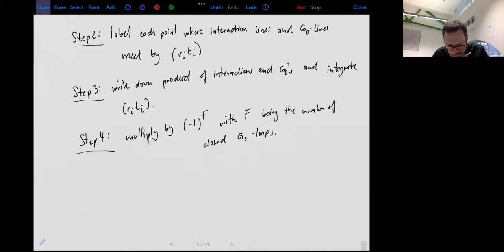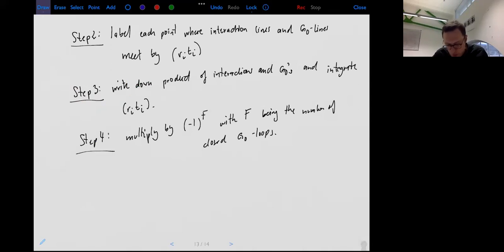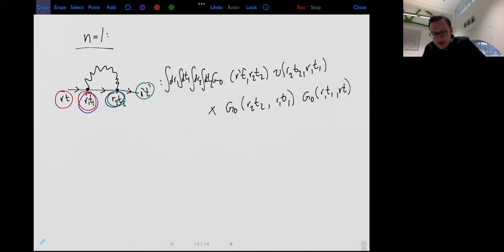And then the second step says that we have to integrate over the intermediate points. So we're going to have dr1, dt1, dr2, dt2. And since there is no closed loop in this diagram, that is the end of it. So that is the analytical expression corresponding to one of these first order diagrams.